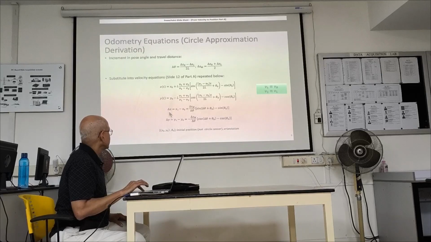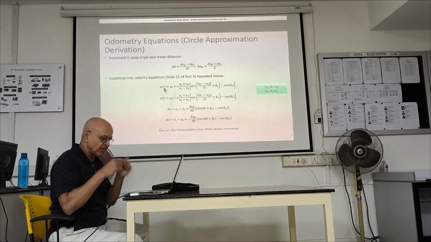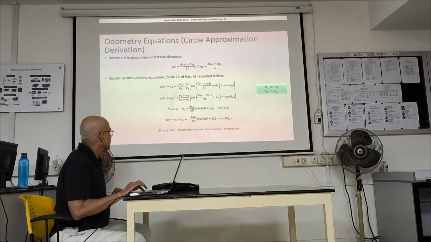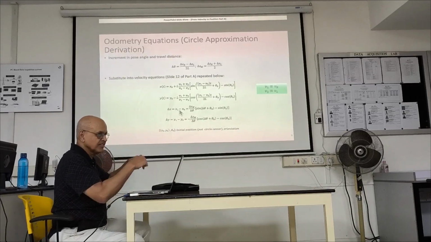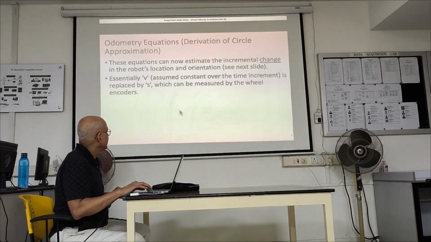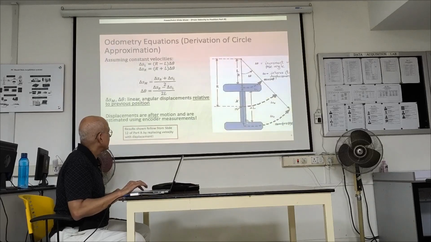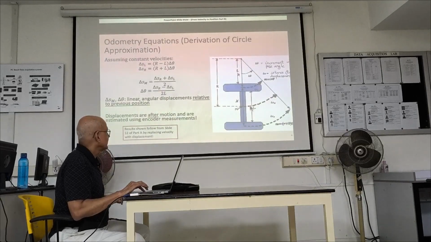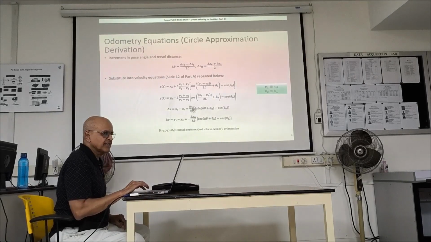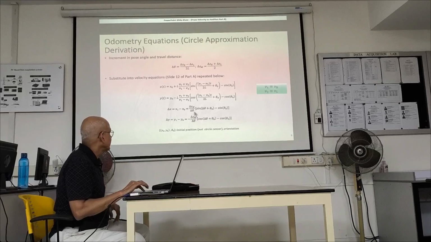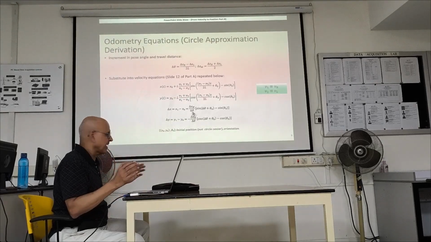So here it is. All I've done is take x0 to the other side. Remember I said it's only for this circle, how much you have moved. So delta x is x1, the new position. This is the new position, meaning, let me show you. That's x1. This is x0. I've got delta SM from the encoders. I've got delta theta from the encoders again.